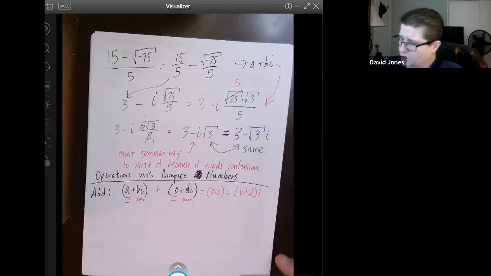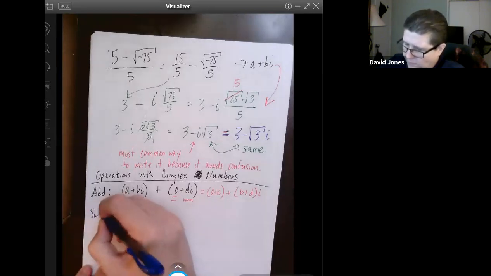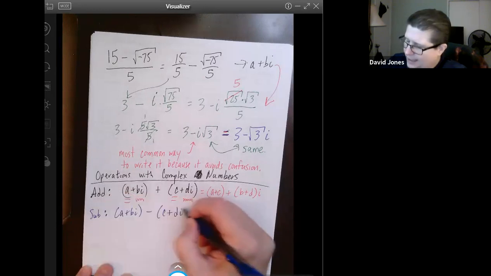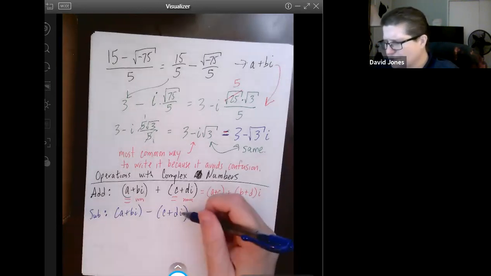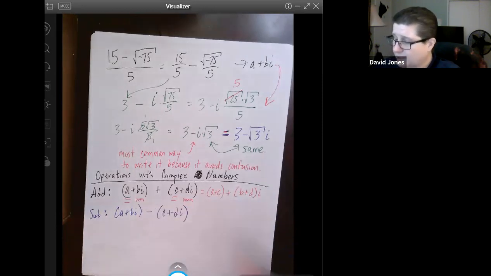And if we look at subtraction, it's similar. I've got A plus Bi minus parentheses C plus Di. It might be easier to redistribute the negative first.